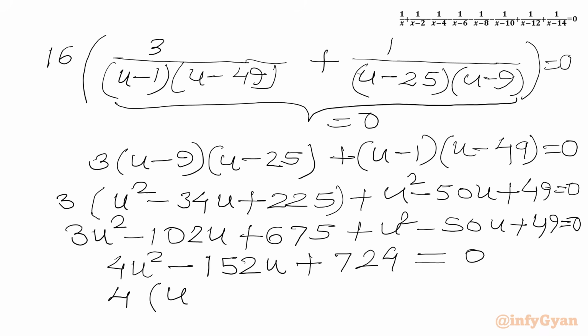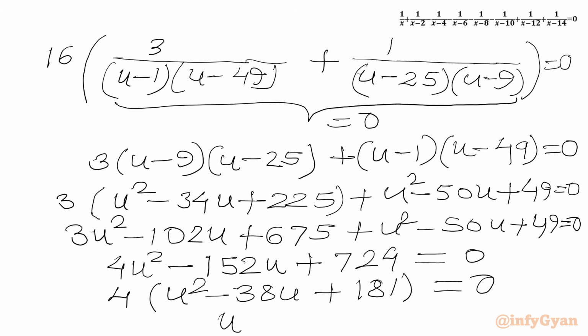So in the bracket we will write u square minus 38u plus 181 equal to 0. Or we'll write one quadratic equation in u: u square minus 38u plus 181 equal to 0.